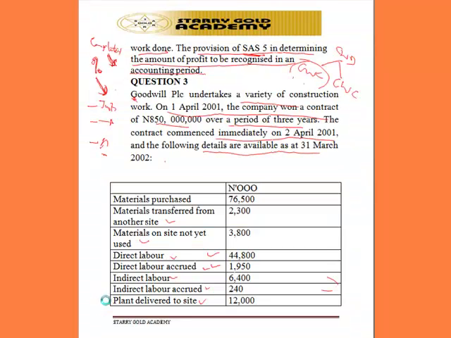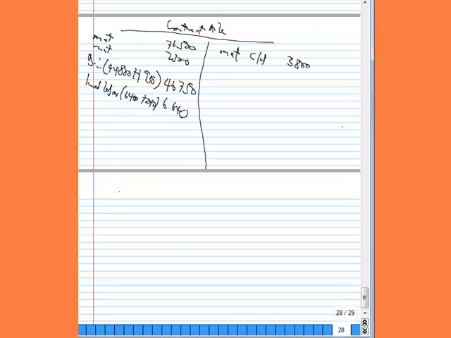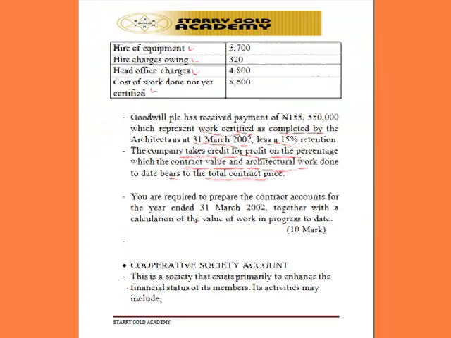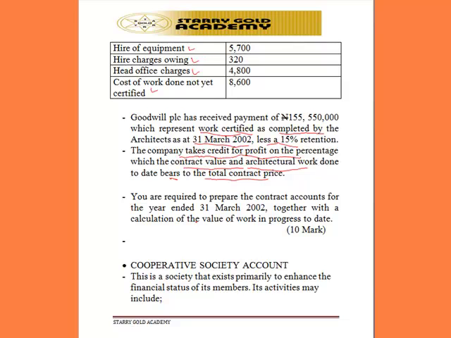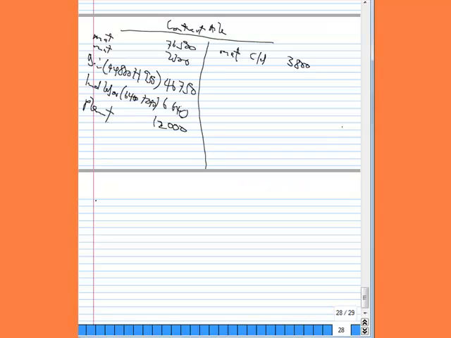Then we have plant delivered to site, 12,000. Then hire of equipment 57 plus hire charges owing 320. That's how much? 6,020.